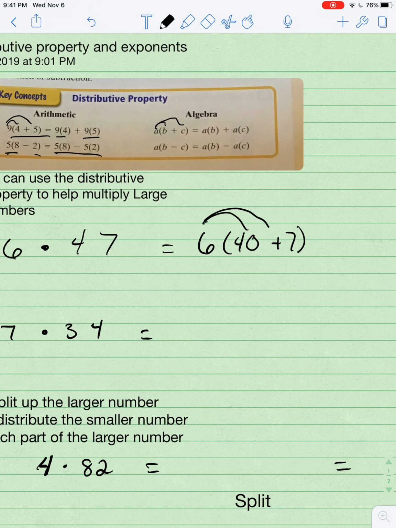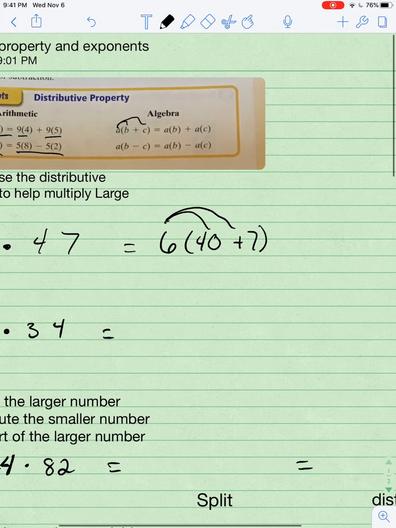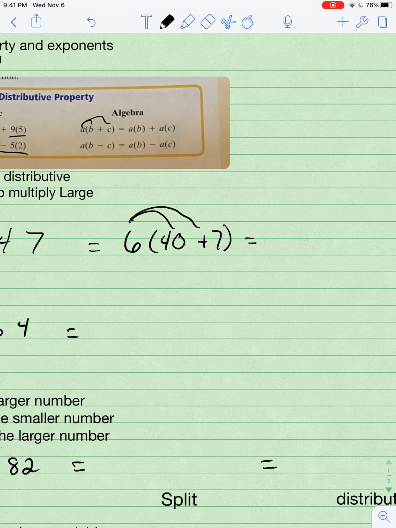Then we can distribute the 6 to both those terms, which gives us 6 times 40 plus 6 times 7. Now 6 times 4 is 24. With it being a 0, you just add a 0. So this becomes 240.